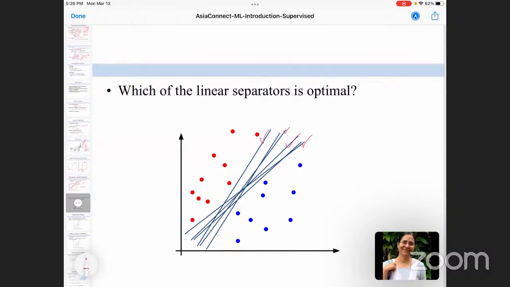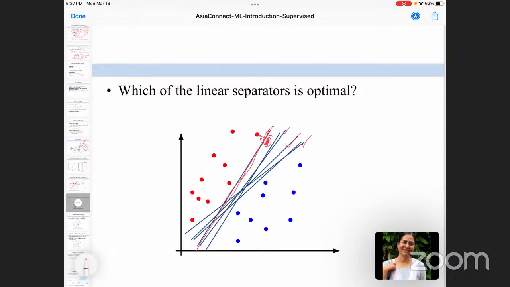When a real-world example comes, maybe one red dot comes here, but based on this line, you are classifying it as a negative example. This is not true, because it should be a positive example, as it's very close to red.